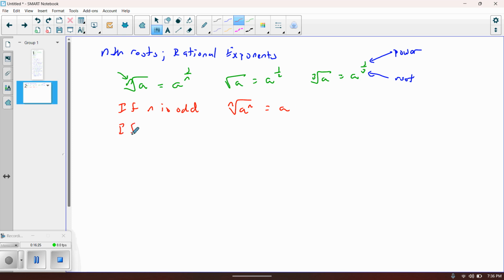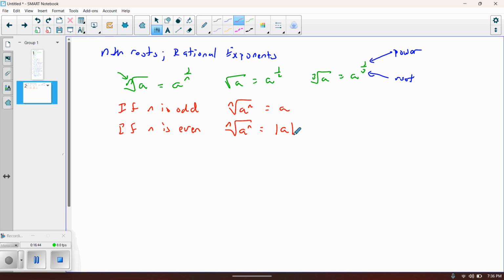If n is even, like the square root or the fourth root or the sixth root, then the nth root of a to the n power is actually going to equal the absolute value of a.